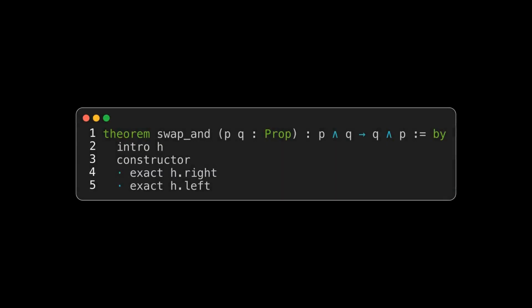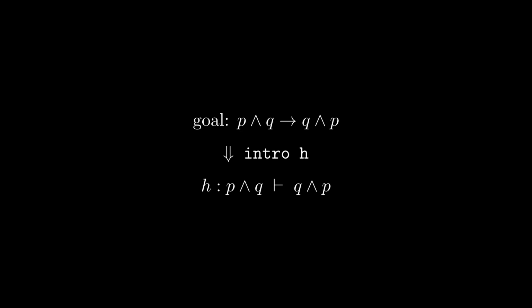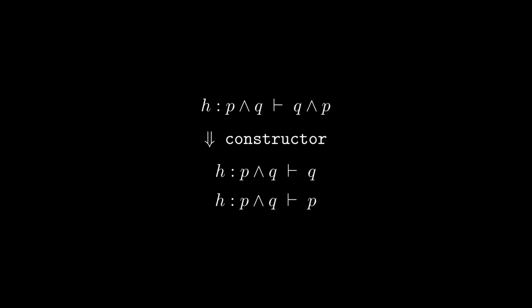Tactic scripts are not proofs the kernel understands directly. They are instructions for constructing a proof term. At the start of the by block, Lean creates a goal. You can think of that goal as a metavariable whose type is the theorem we still have to fill. The tactic intro refines the goal by introducing a hypothesis.